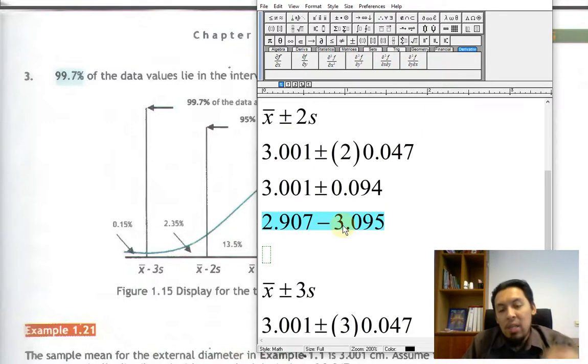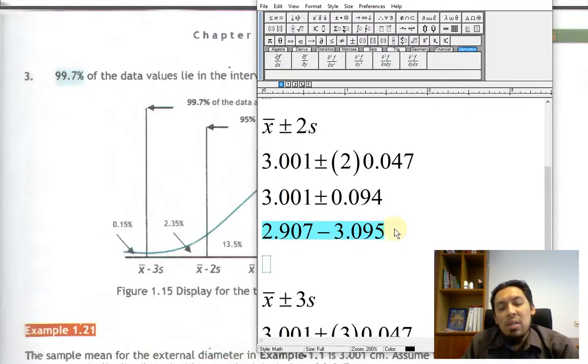So we can say that 95% of our data are having this value. Or if let's say you have 1000 data, 950 data is having this value.